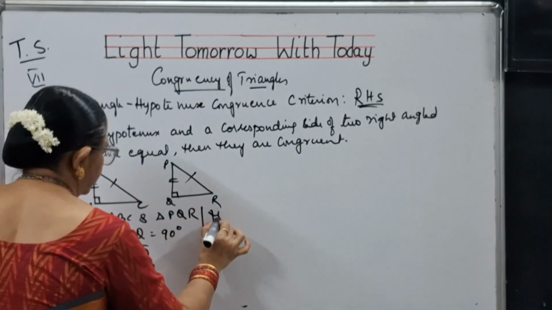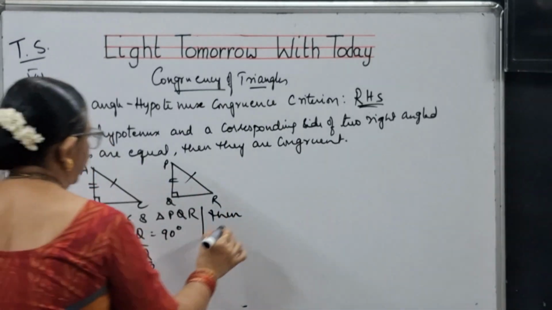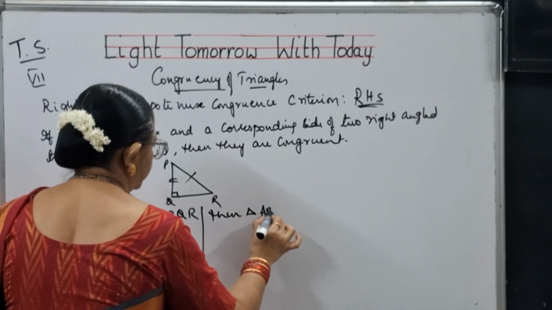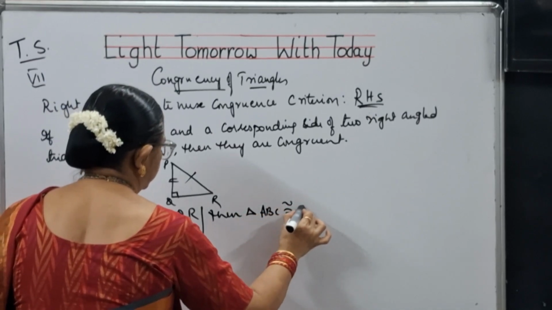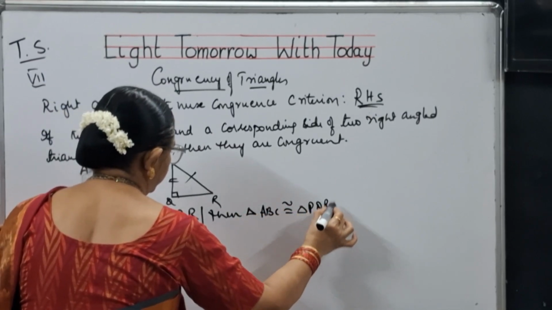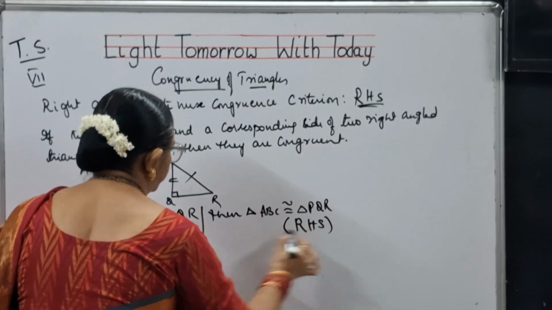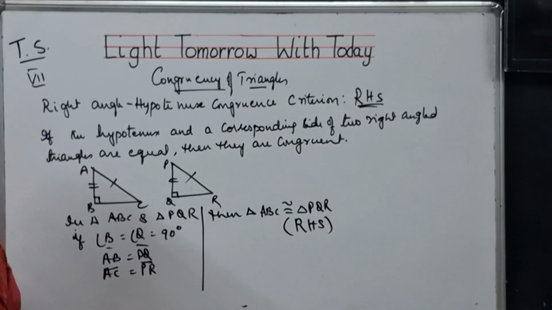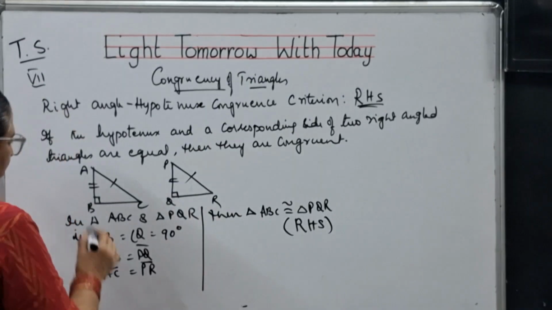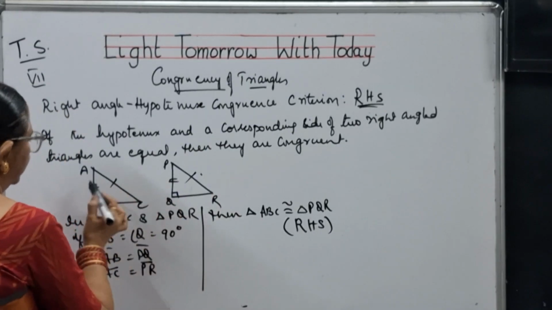then triangle ABC is congruent to triangle PQR basing on the RHS property. Right angle, hypotenuse, side.